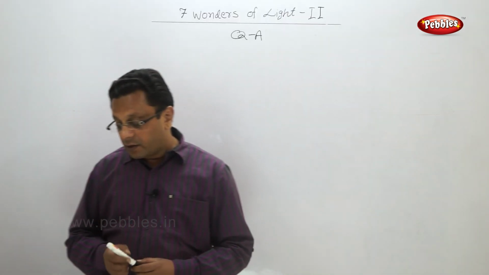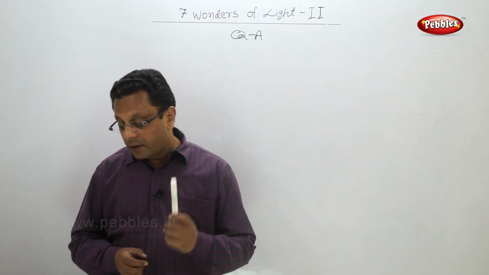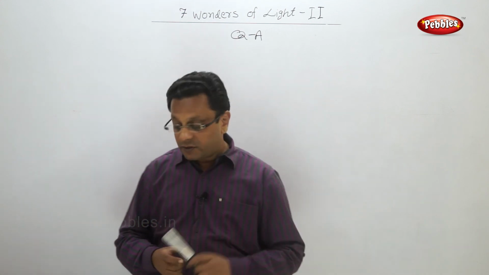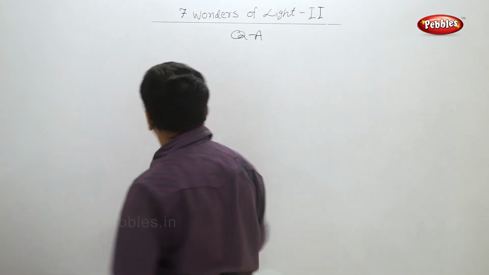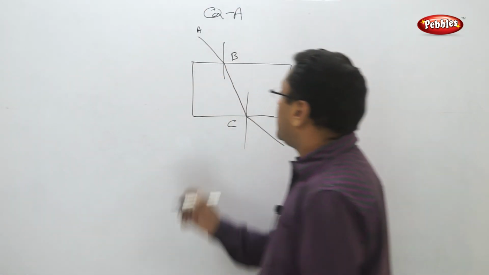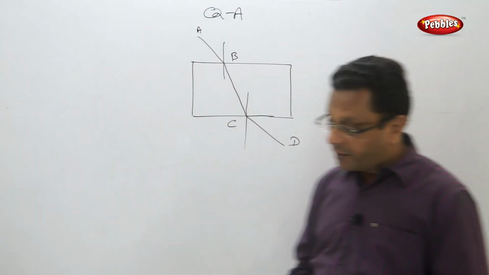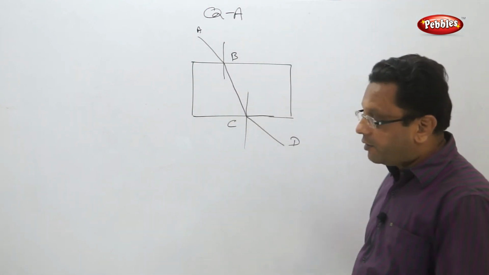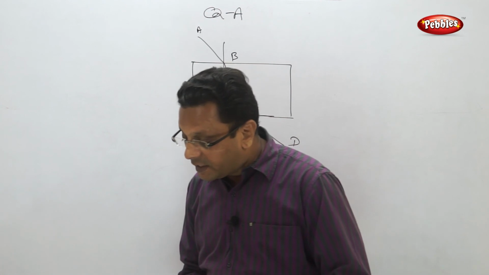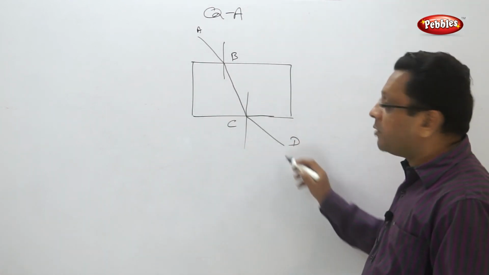Observe the given figure and name the following rays. This is for 3 marks in March 12 exam. The figure they have given is, what is ray AB? AB is incident ray. Ray BC, BC is refracted ray, and ray CD is emergent ray.